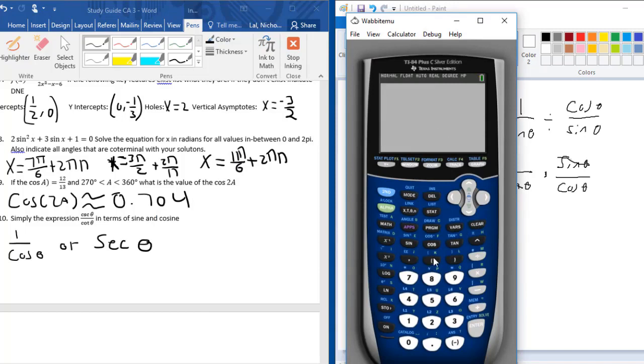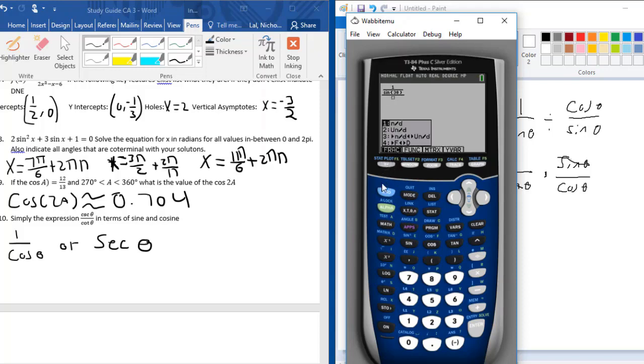So if you wanted to do the cosecant of theta over the cotangent of theta, for cosecant you have to do 1 over the sine of, let's say you want your theta value to be 30, over, and then cotangent of theta is the cosine over sine.